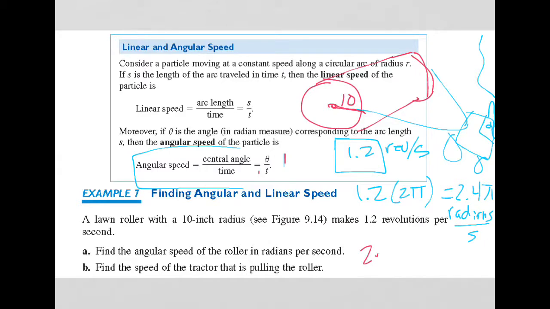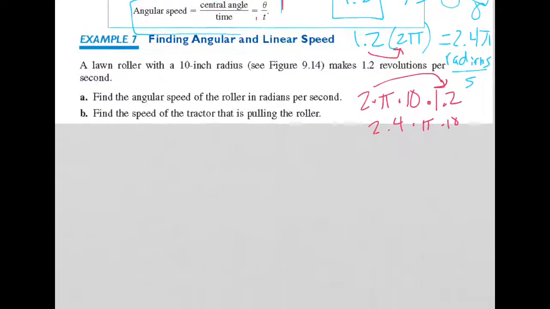So 2 times pi times the radius, which is 10. And this is going to be 120% of that, so times 1.2. So notice, we have a similar situation here as before. We had the 1.2 times 2. So we have actually 2.4 times pi times 10, which I'm going to write as 24 pi.